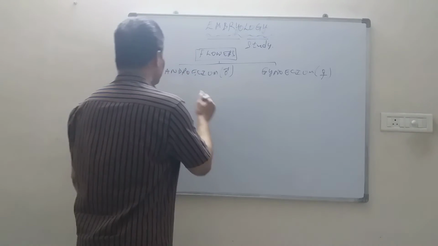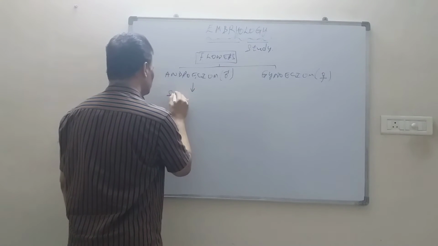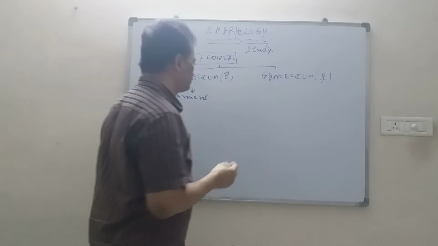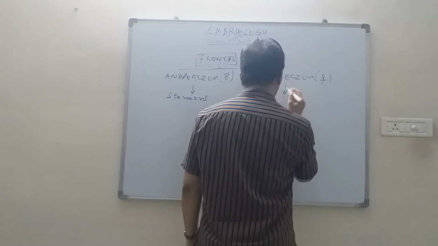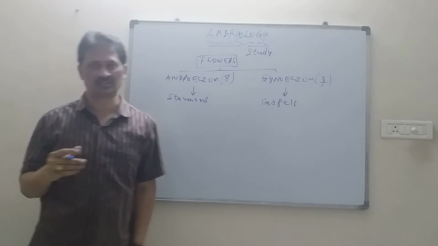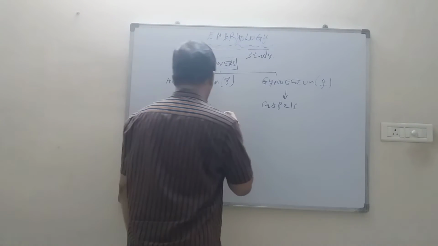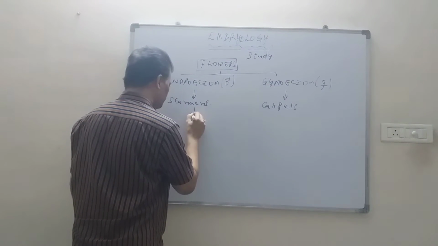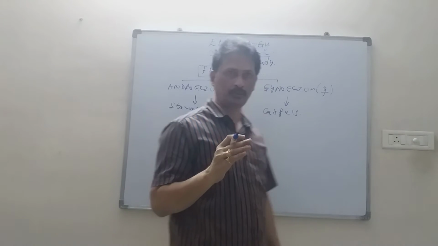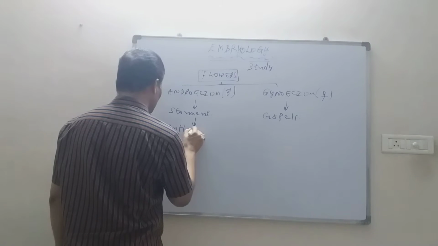Next, the units of androecium are called the stamens. In the same way, the units of gynoecium are called the carpels. In the stamen, the important part where the reproductive structures are produced is called the anther.